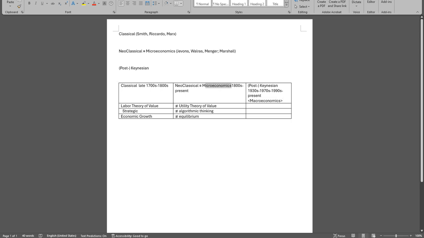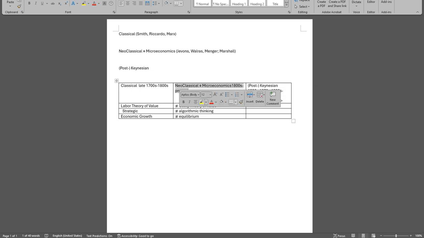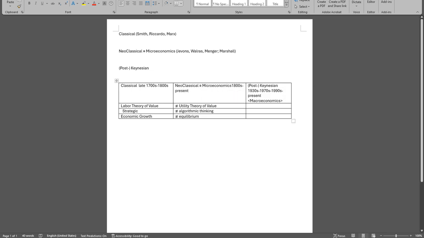What happened was that once Keynes had introduced the need for government in the economy, these folks here didn't want government in an economy. Now, I'll say for Smith, that's probably why they're ultimately calling it classical, because this is a primarily anti-government stance.